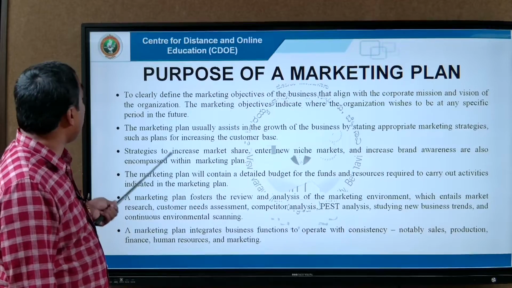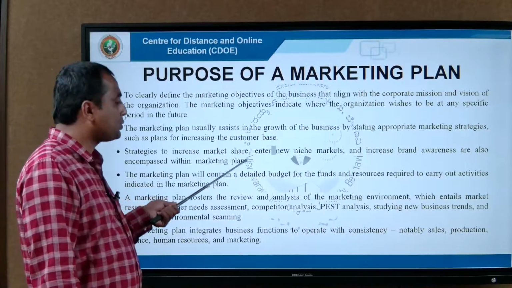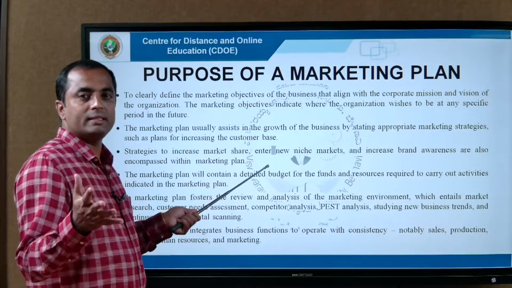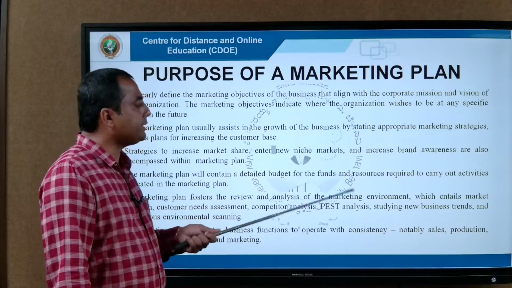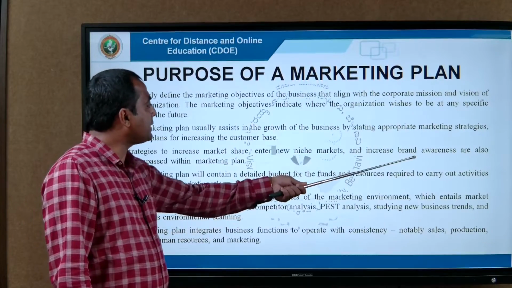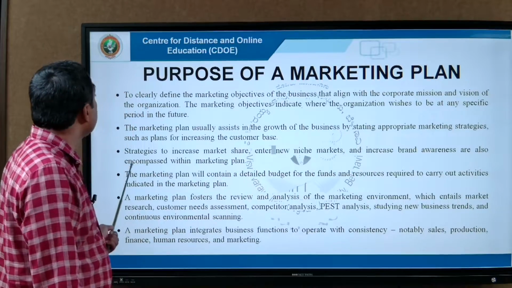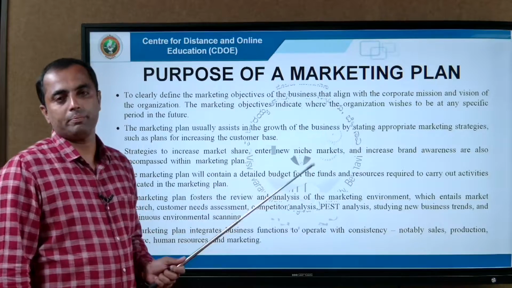Another purpose is strategies to increase market share. How are you going to increase the market share of your company? Entering new niche markets, left out markets, and increasing brand awareness are also encompassed within the marketing plan.